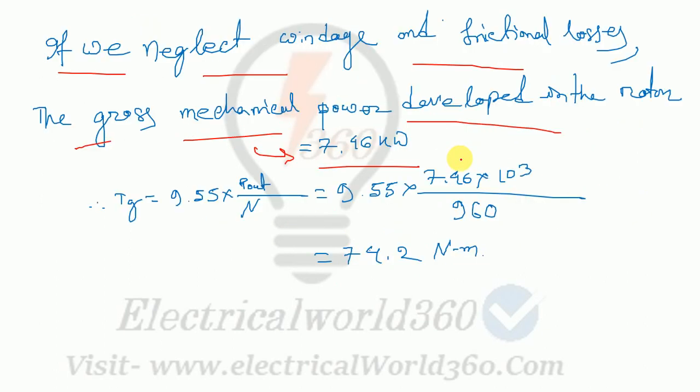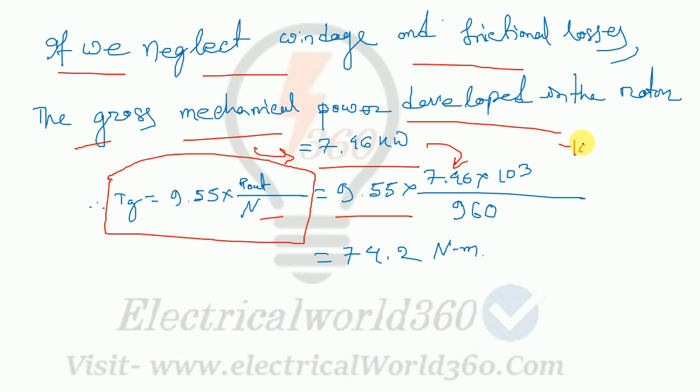As we know, the torque is equal to 9.55 into the power output divided by the rotating speed. Here, 9.55 into the mechanical power output, that means 7.46 kilowatt. It is in kilowatt, so to make it in watt, we need to multiply it by 10 to the power 3, which means 1000.